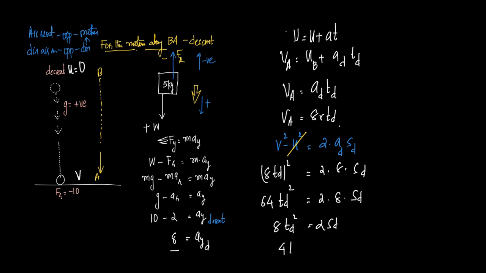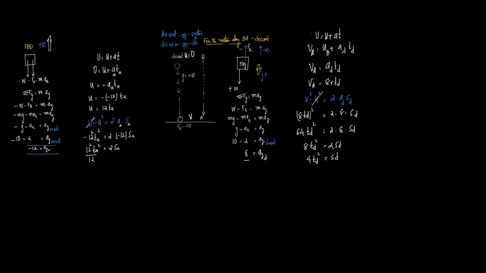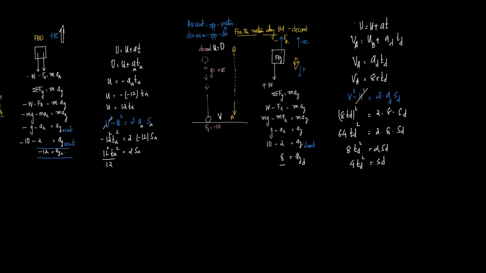So we have 4 td square is equal to SD. That's one equation. And the second equation here becomes 12 ta square is equal to 2 SA, right? 12 square by 12 is 12. So this becomes 6 ta square is equal to SA.